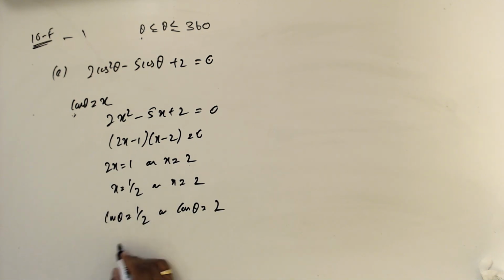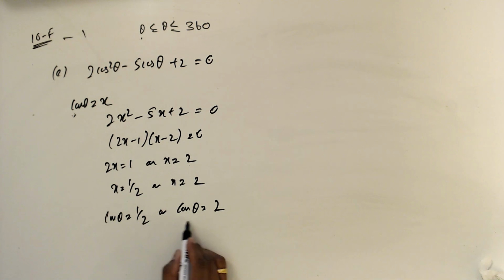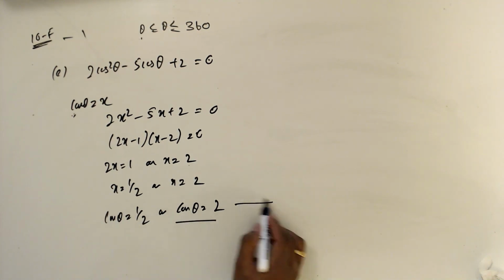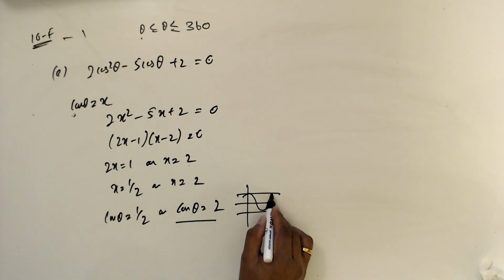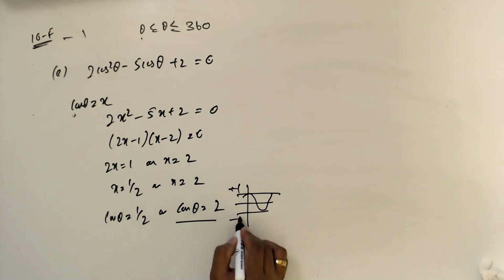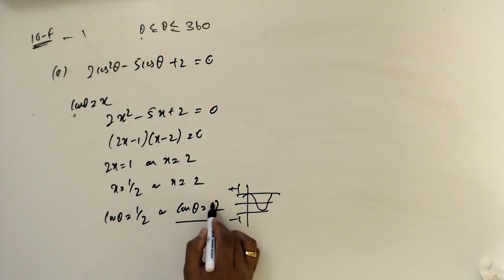Now, when you look at the cos theta graph, the minimum and max are going to be between plus 1 and minus 1. So this is 2.